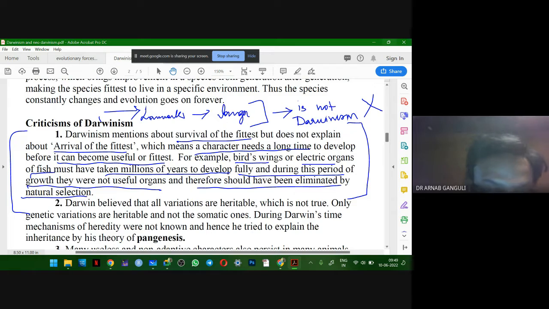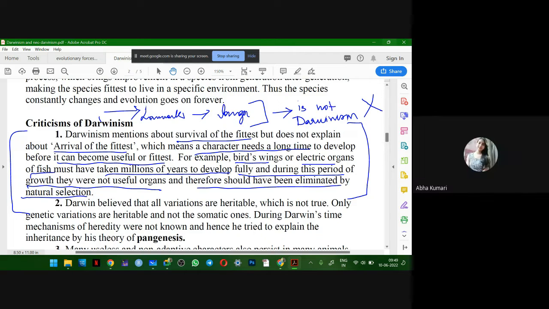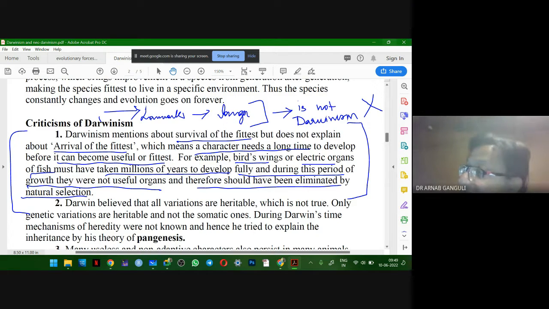Clear? Yes, no? Yes, sir. Did you understand what this criticism is and why it doesn't hold? Because this criticism is Lamarck's criticism. It's a criticism against Lamarck. So the changes are very small, but still that gives a selective advantage.